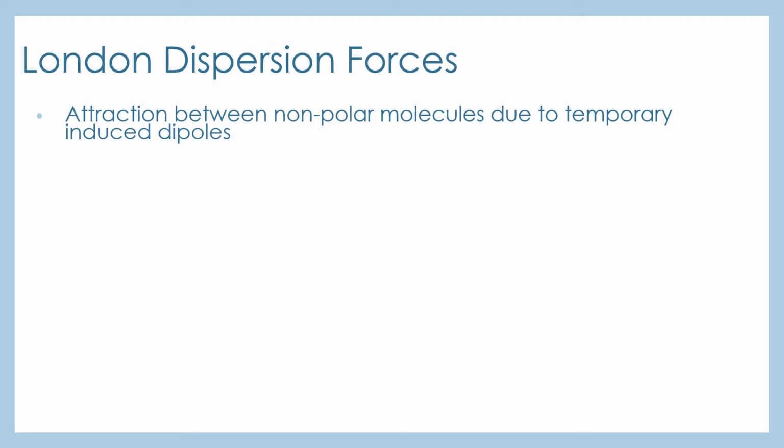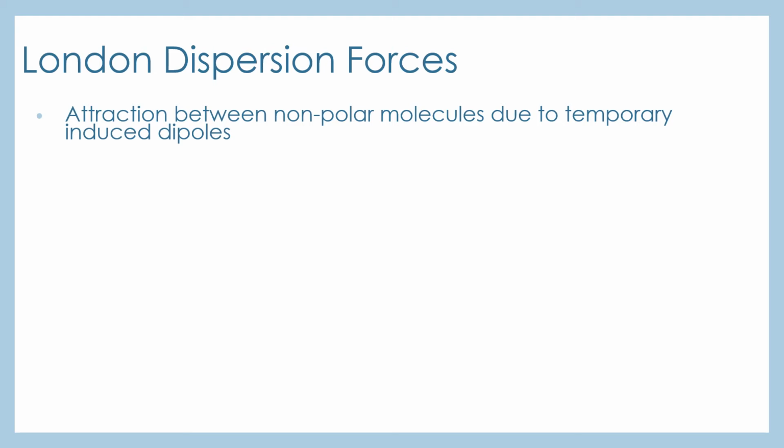Now, I know this is something that you learn in Gen Chem, but I want to review what this means. So if you have a nonpolar molecule, that nonpolar molecule still has one giant shared electron cloud amongst all the covalent bonds. But electrons don't stay in one place. They don't just live on a single atom. They're constantly moving around. And it is unreasonable to expect that all of the electrons are going to consistently be perfectly spread out.